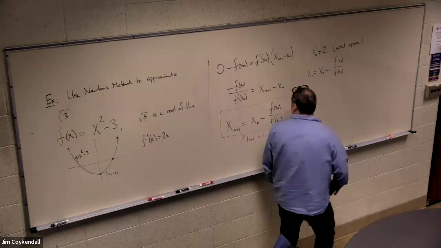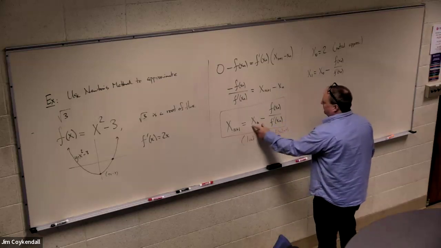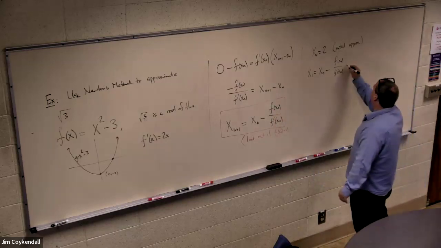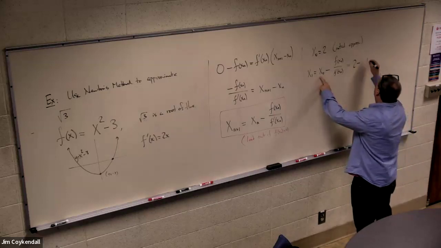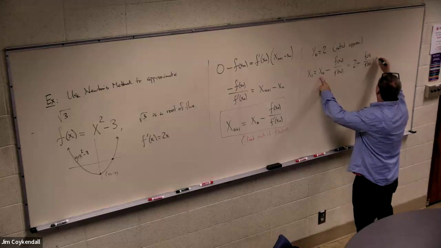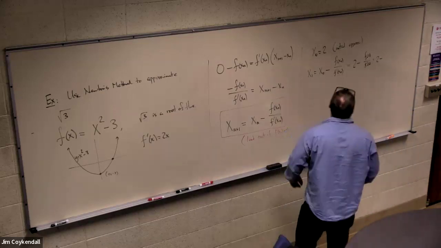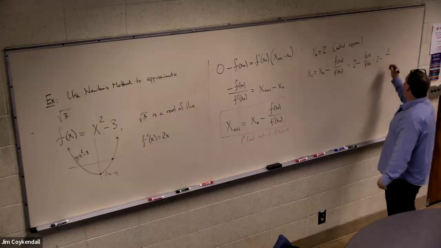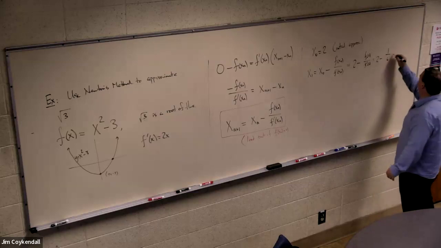And of course, what I'm doing is mimicking this with n equal to 0. So x1 is x0 minus f(x0) over f prime of x0. This is 2 minus f(2) over f prime of 2. f(2) is going to be 1, and f prime of 2 is going to be 6. So I get 2 take away 1/6.